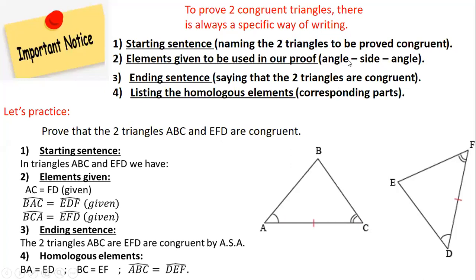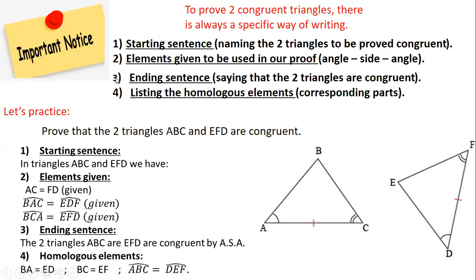So we first look for the side in the first triangle which is equal to the side in the second triangle. Then we look for the equal angles because they are adjacent to the side that I found. So first we start with the side, then we move to the adjacent angles.